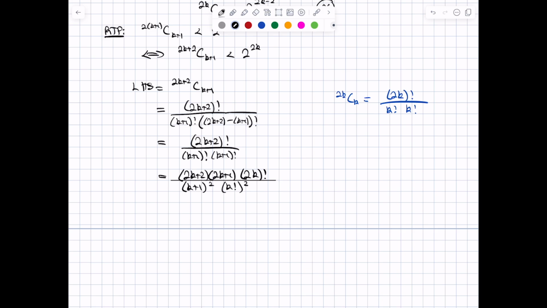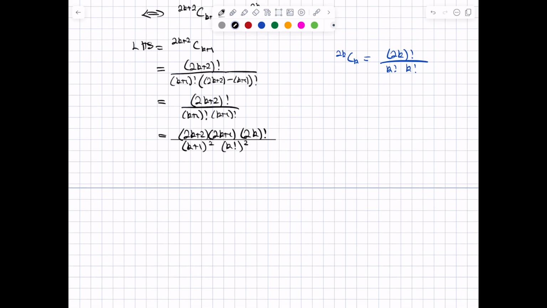Okay, now we're going to do a bit of simplifying. Firstly, I can factor out a 2 from this 2k+2, and I'll get 2 times (k+1), and then this k+1 factor will cancel with one of these in the denominator. So I'll end up with 2 times (2k+1) divided by (k+1).